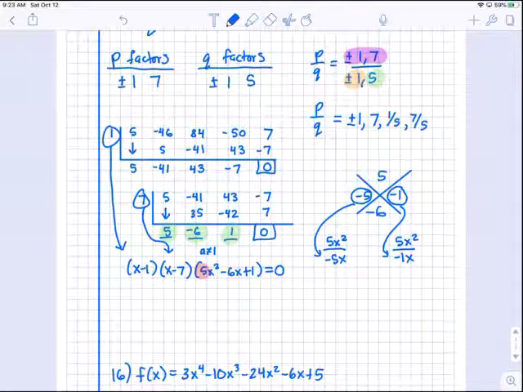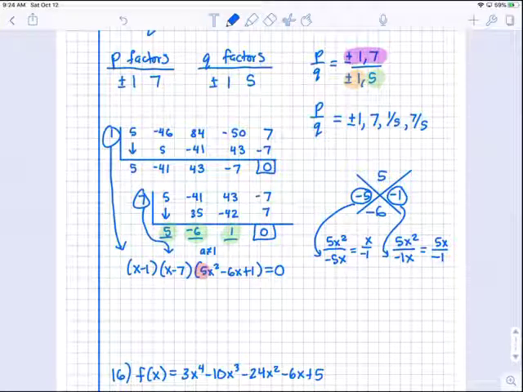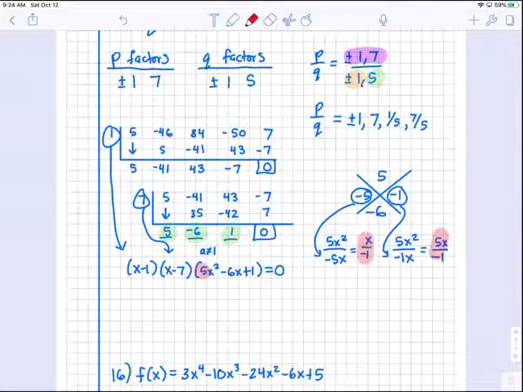And now you guys have to simplify those fractions. So we're going to get x over -1, because top and bottom could be divisible by 5x, and for this one, you can divide an x from both. So it's going to be 5x over -1. So these are your guys' factors of that trinomial.